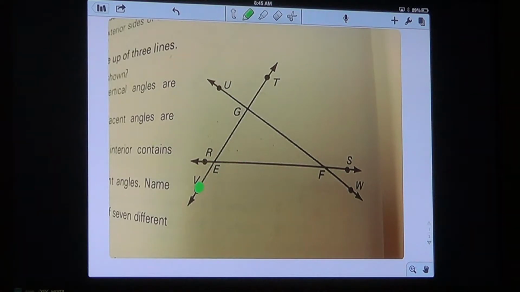What would we name it? It could have more than one name. TEF, okay? Do you see why it's in the exterior of that angle? Yes? Okay, what other angles is it in the exterior of?